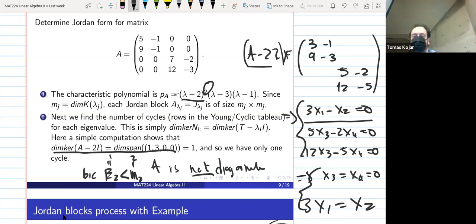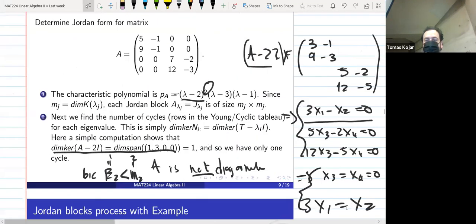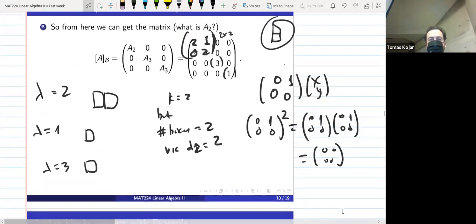Okay, so be able to do this on the fly. And that means you're missing a vector. Right, but at least you can write down the blocks.